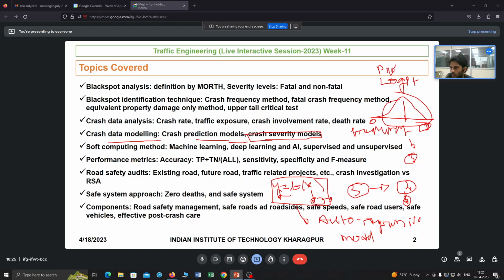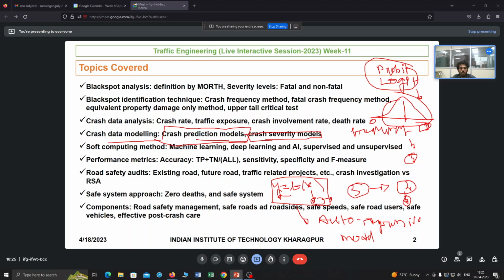If you want to know more about logit and probit, which can tell you the probability from 0 to 1 based on the severity, you can refer to any book on UTSP, urban transportation systems and planning, or take any course on UTSP, where you will gain knowledge about probit and logit models.